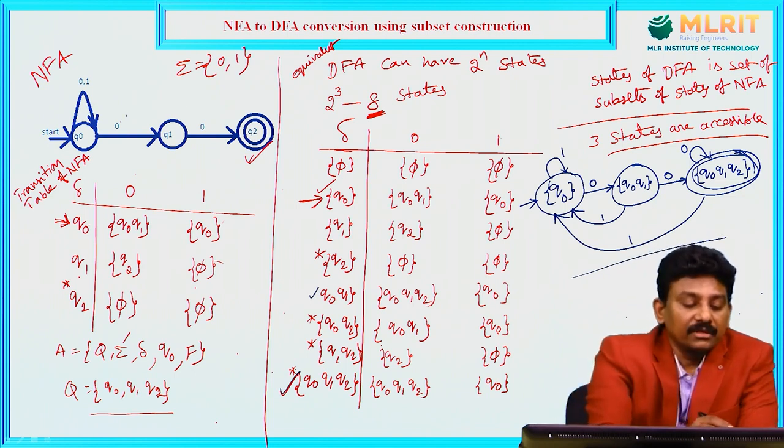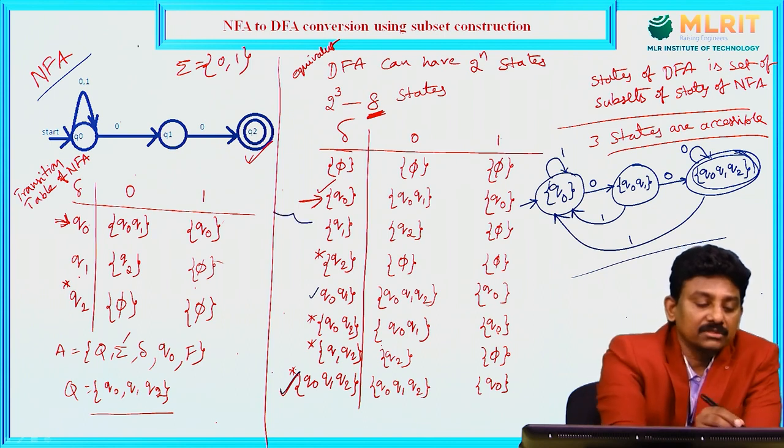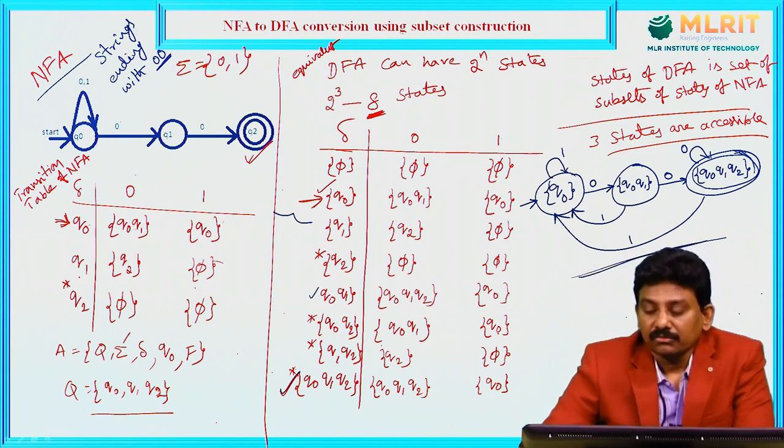See, this is the NFA for the language containing strings ending with 0 0. The equivalent DFA also will recognize the strings ending with 0 0.